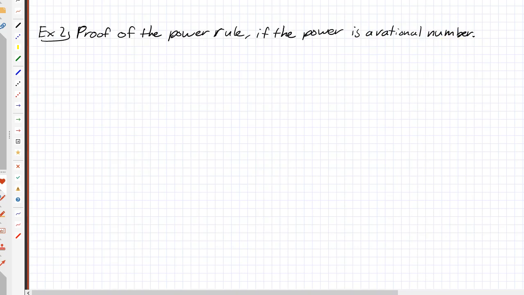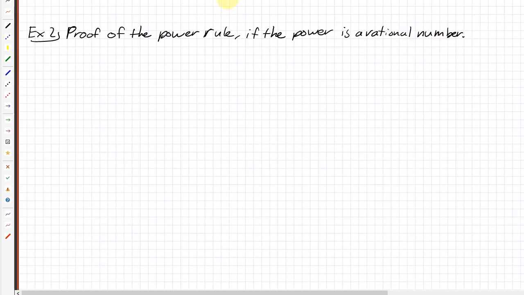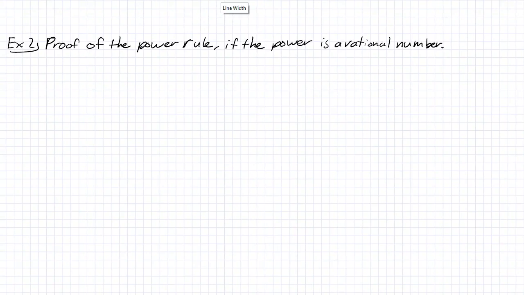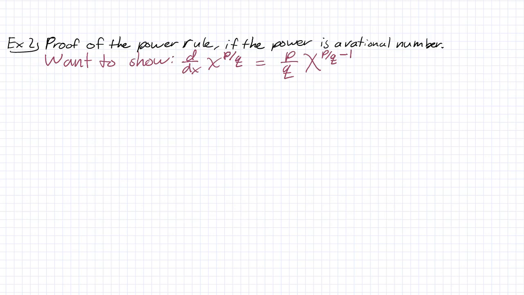So specifically, what we want to prove for this one is, if the power is a rational number, that means p over q, where p and q are integers, and we're going to do this assuming that the power rule works for integers.